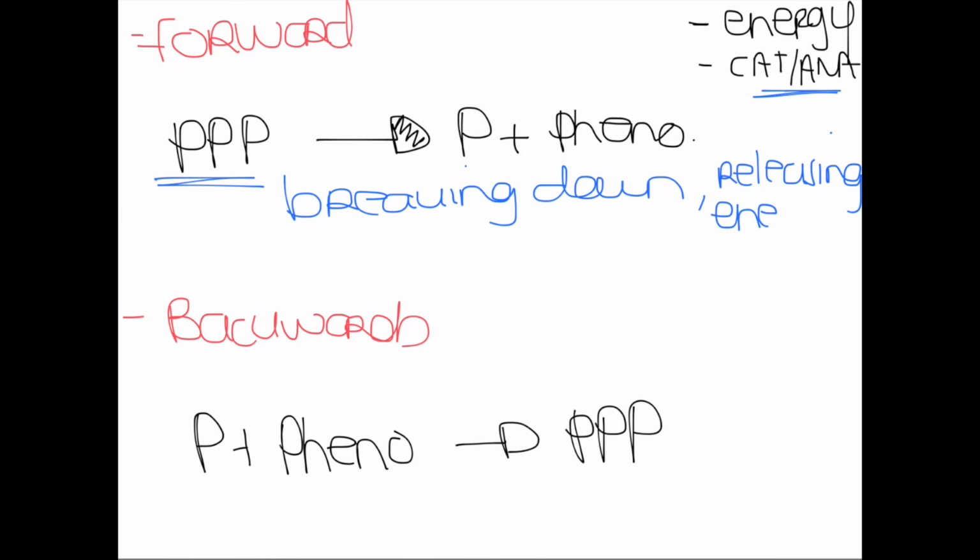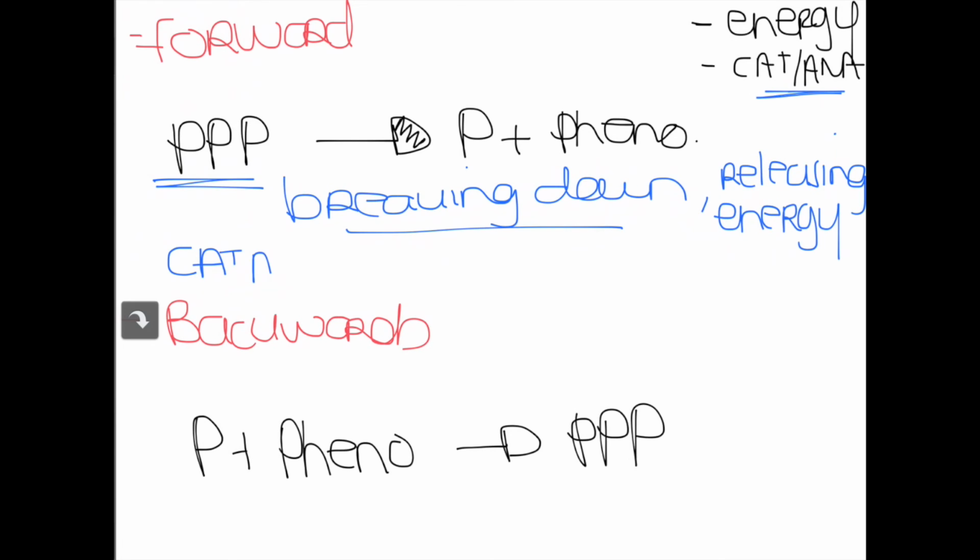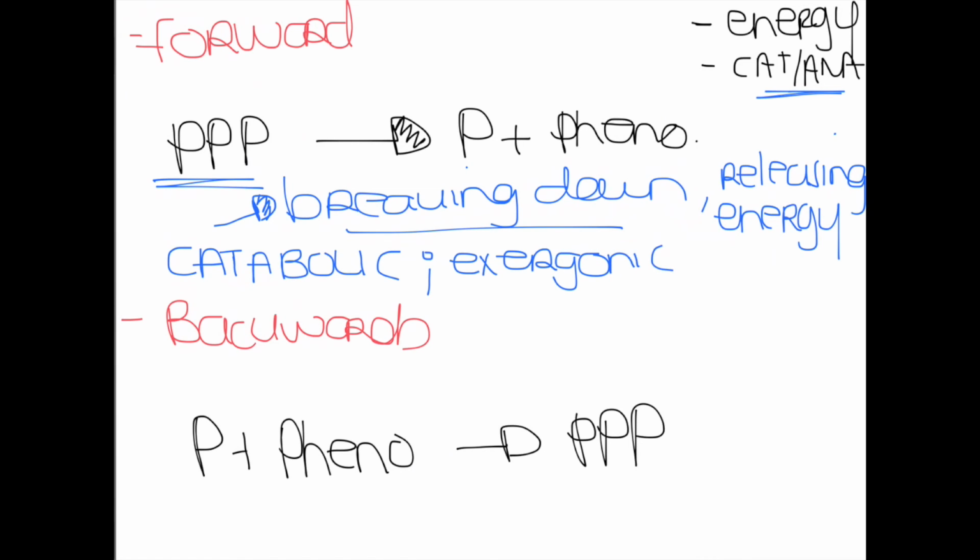Releasing energy, so it's catabolic, because we're breaking down those bonds, which releases energy. If it's releasing energy, then we call it exergonic. Exer, it's exiting. Gonic refers to the energy. Now we'll have a look at the backwards reaction.